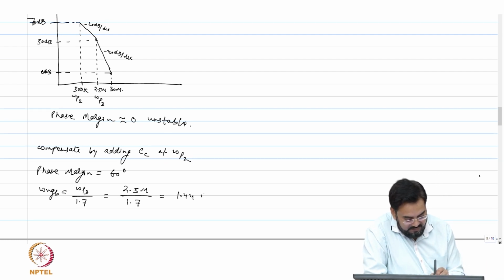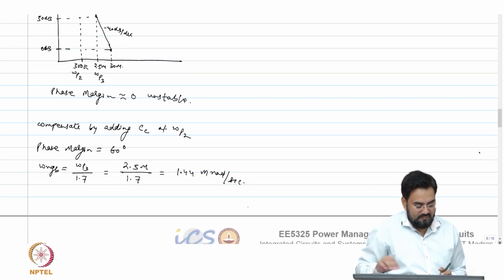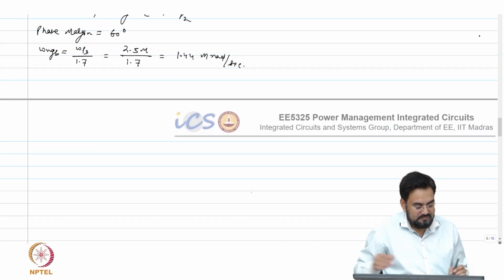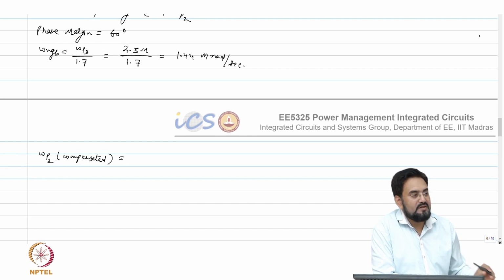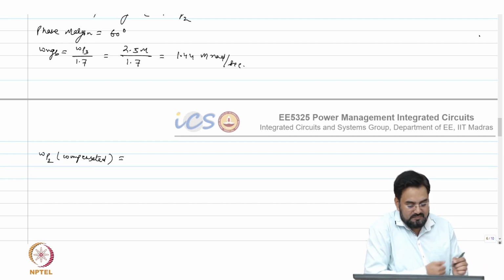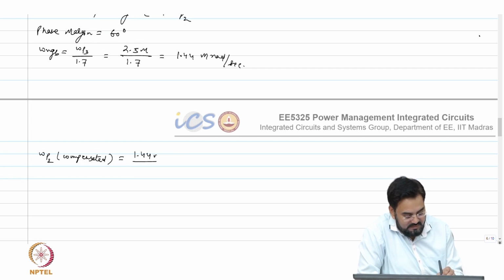1.44 mega radian per second. Then omega P2 compensated, what should this be? Omega UGB divided by DC gain. Okay, 1.44 over DC gain.